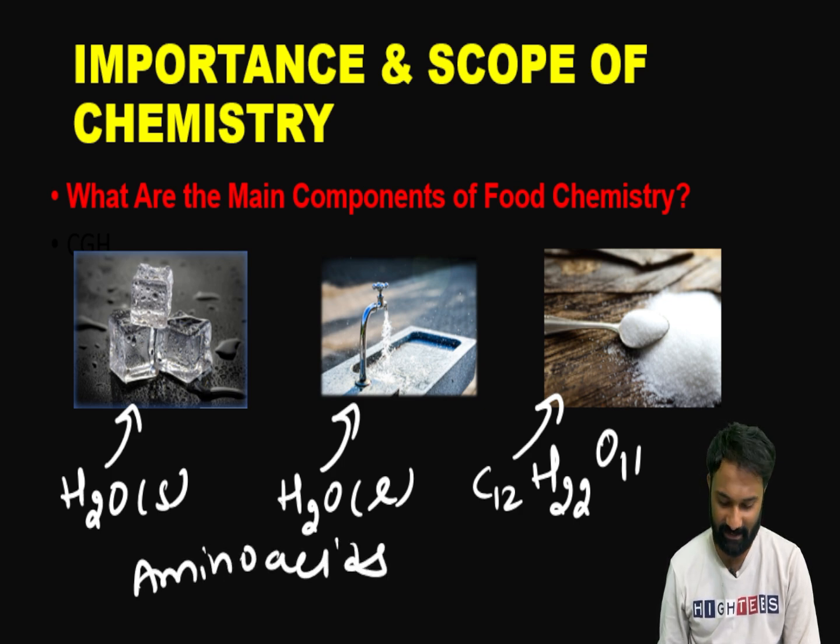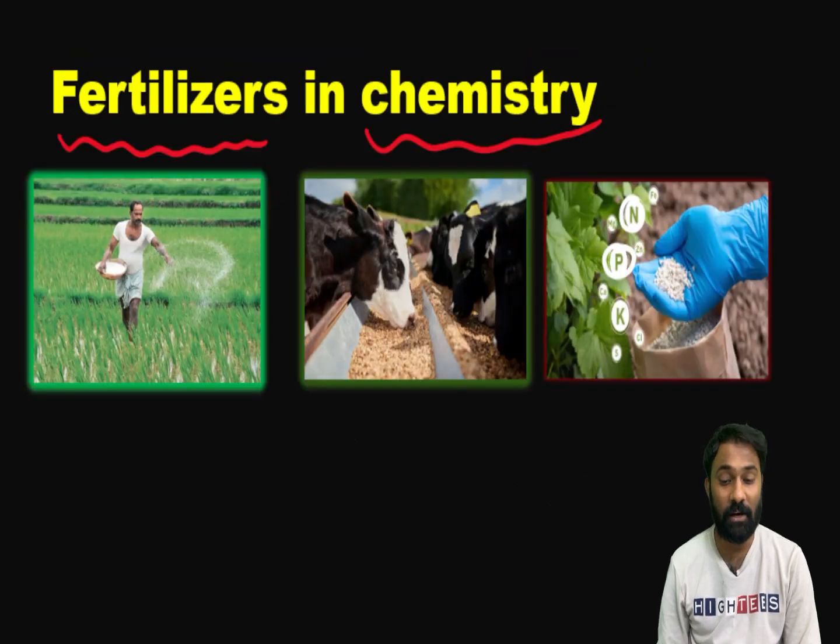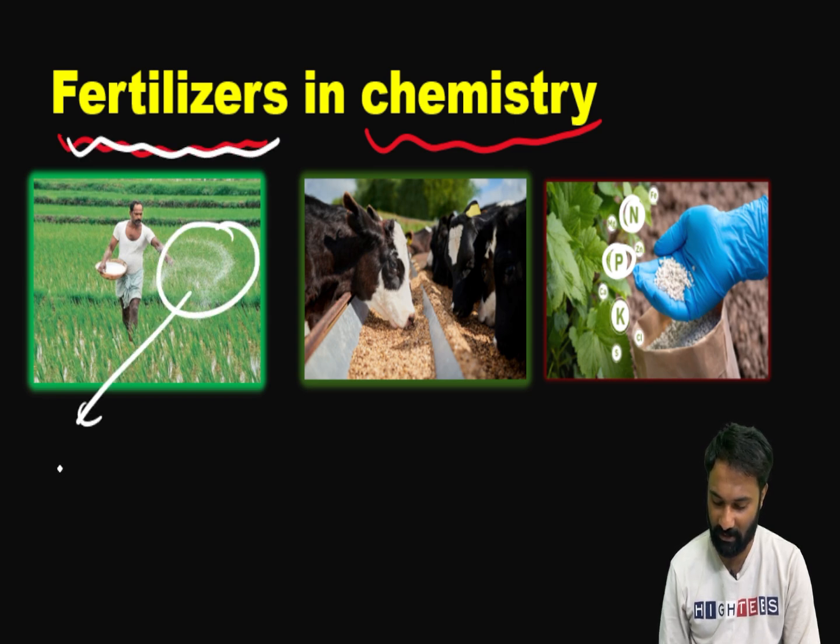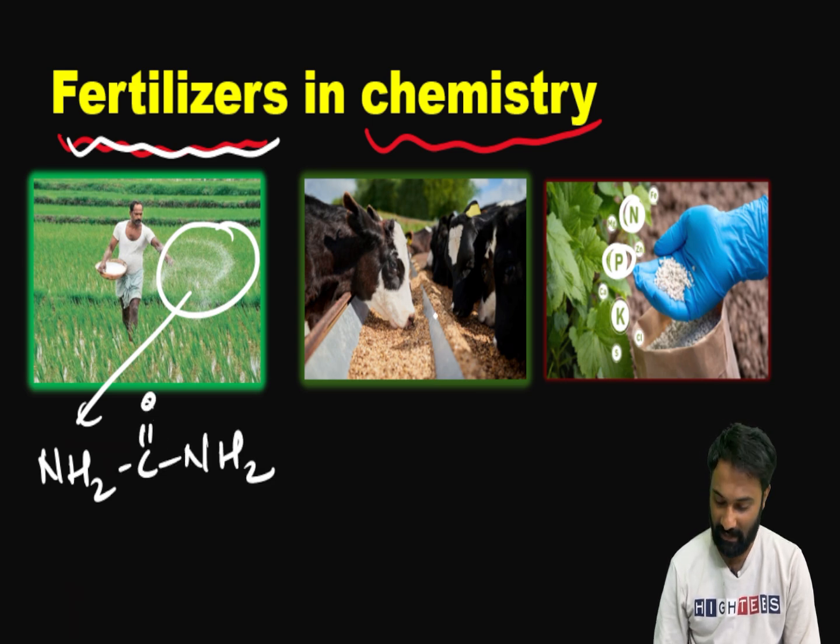Another essential we are going to see is amino acids. Next, we see chemistry in fertilizers also. In fertilizers, the main ingredient, and the first organic compound, is urea, NH2 C double bond O NH2. Next, the food we mix to be easily digestible for cows or buffaloes, the main ingredient we mix is KCl.